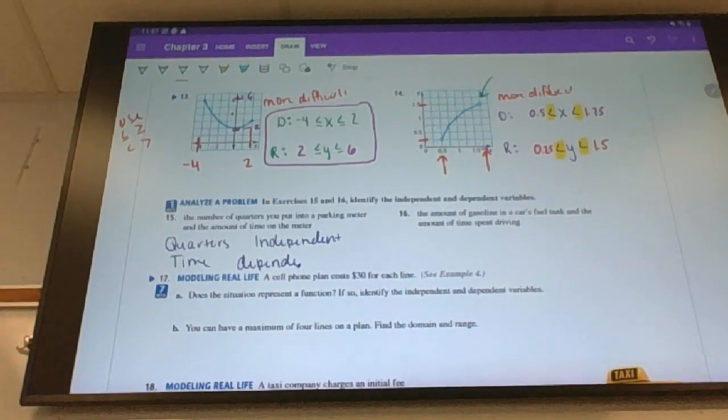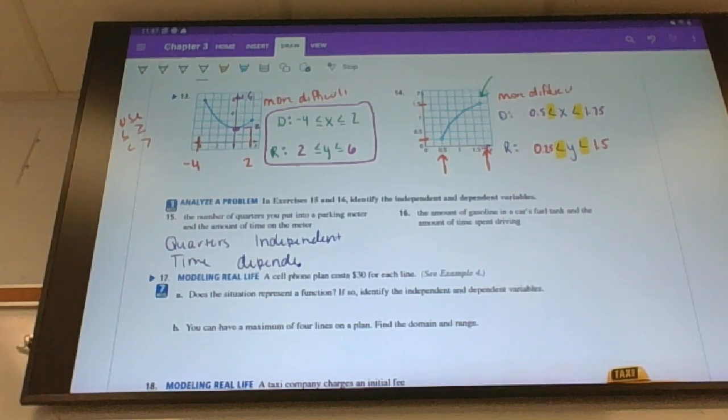The amount of gas in a tank and the amount of time spent driving. This one they switched around. The amount of gas depends on how long you've been driving. How long you can drive depends on the amount of gas.